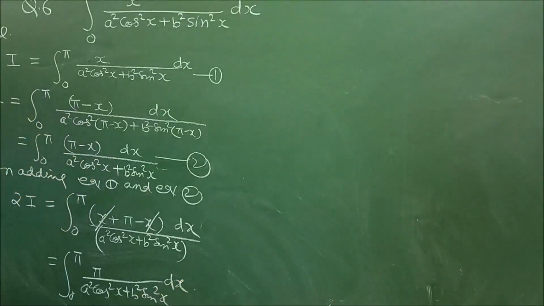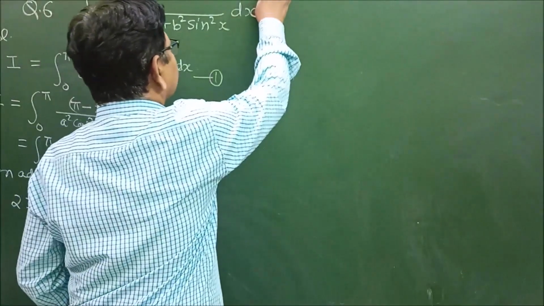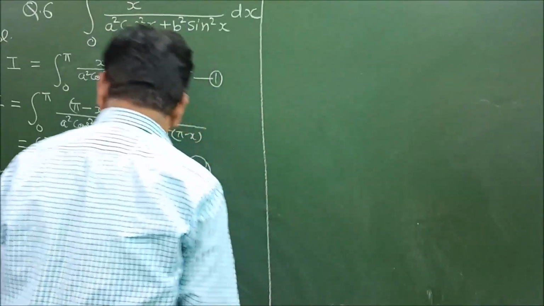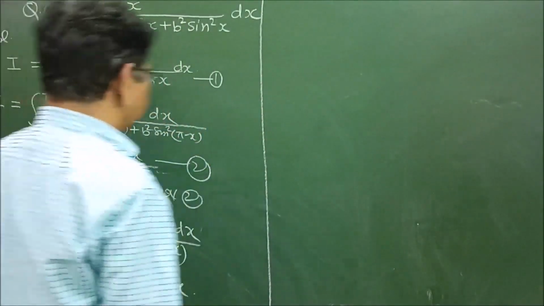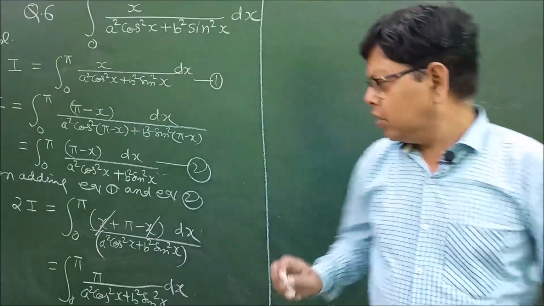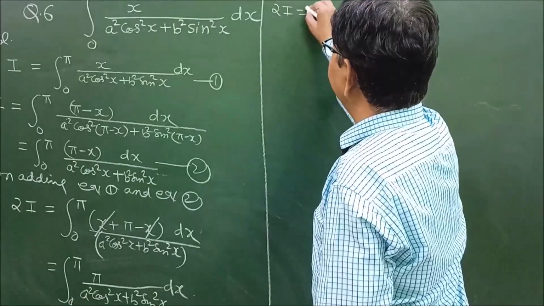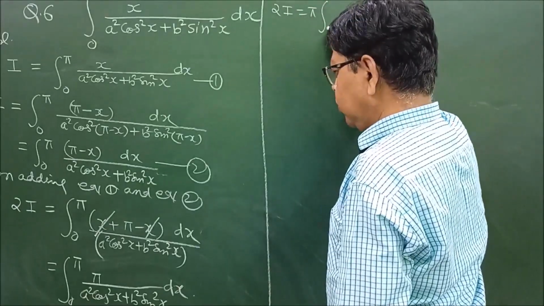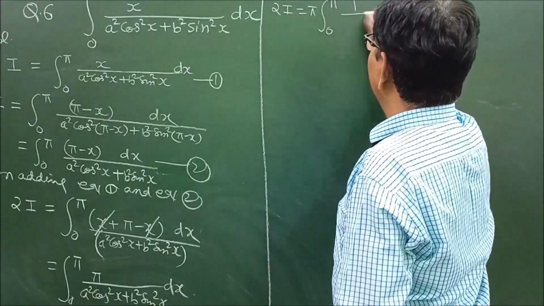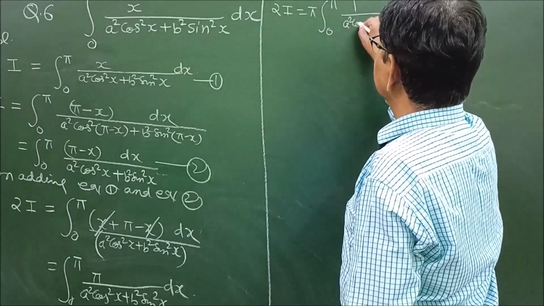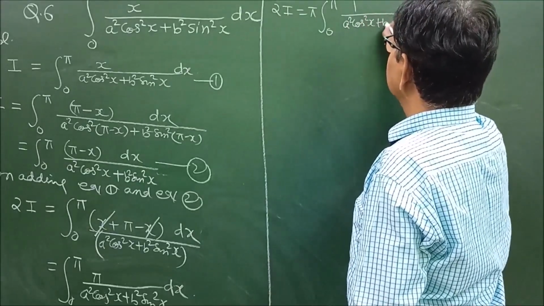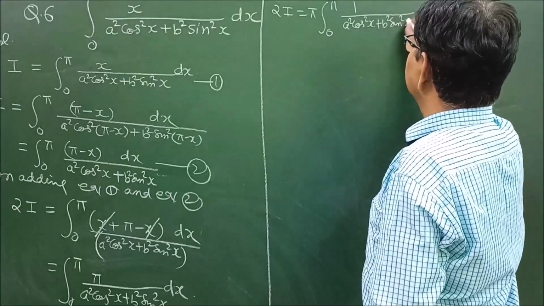Now pi is a constant, so it can be taken out of the integral. So 2I is equal to pi, outside, times the integral from 0 to pi of 1 upon a square cos square x plus b square sin square x dx.